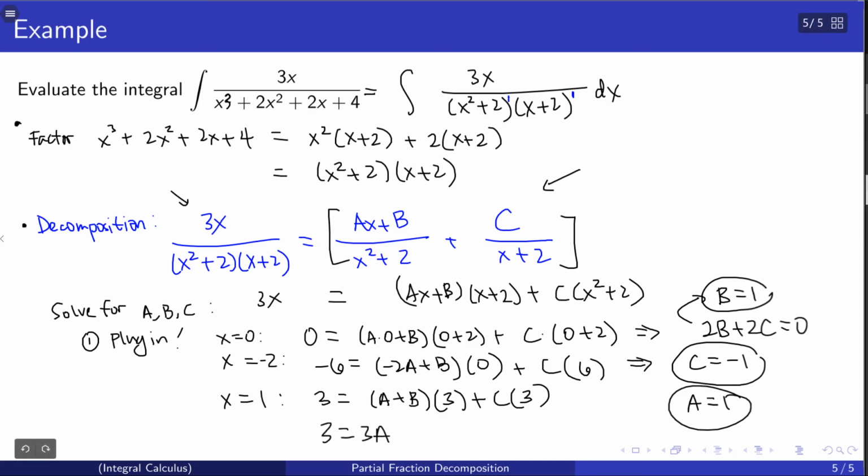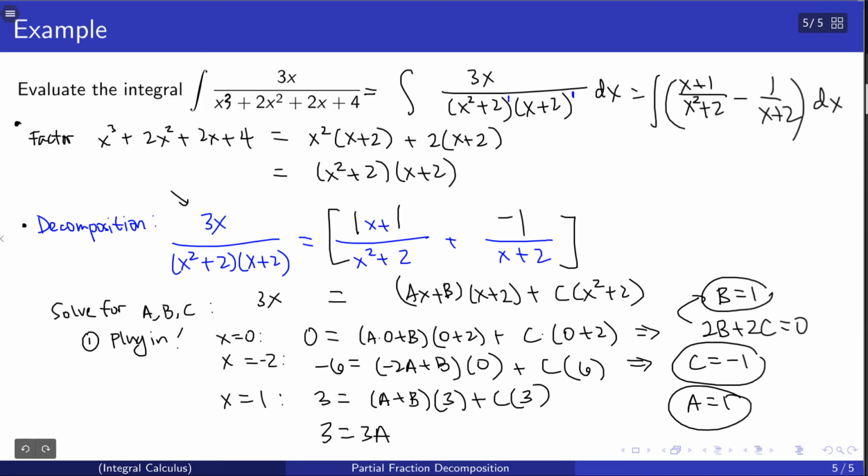And now I know my decomposition, right? I can just plug in a equals 1 here, b equals 1 as well, c equals negative 1. So now my integral is just the integral of, well, this thing. And I can evaluate that much more easily.